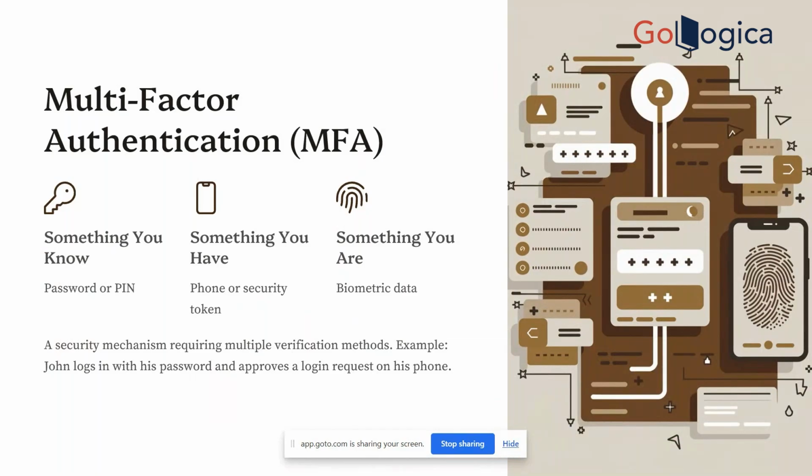Something you are, where you verify yourself by your biometrics, or with an OTP message, a voice call message, or any kind of device you plug in. So this is the second layer of boundary that came across on the security side in IM. That's why we call it multi-factor.